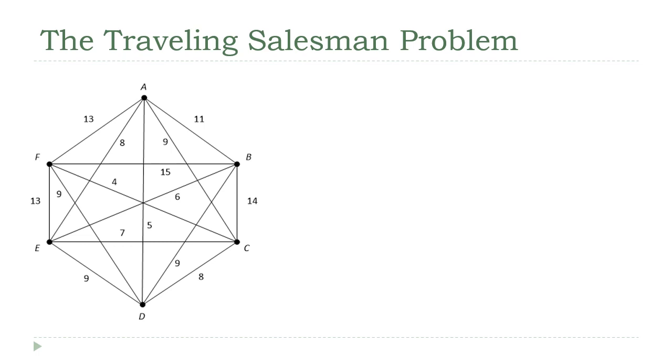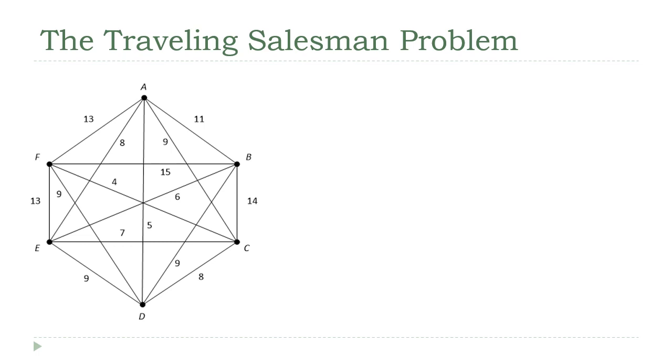In the context of a traveling salesman, the vertices are the cities in your territory, the numbers are the travel costs, and you want to find a route where you visit every city exactly once, you end up in the same city that you started from, which is presumably where you live, and the cost is at a minimum.